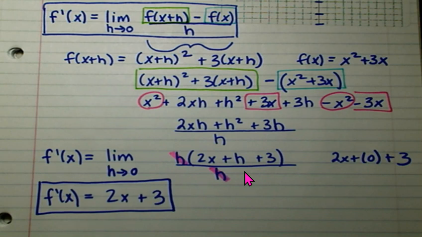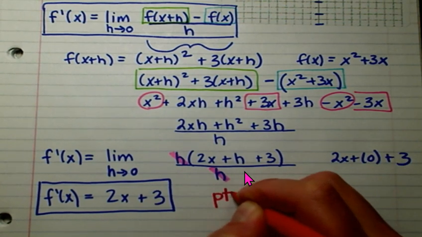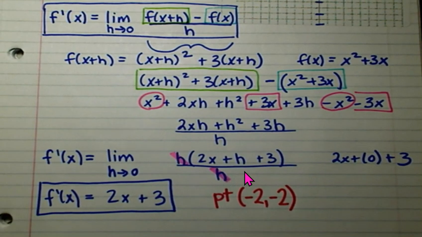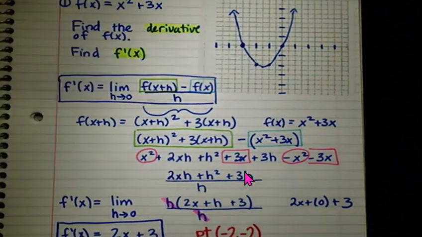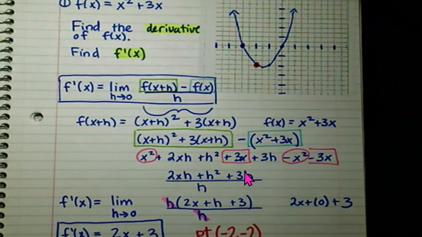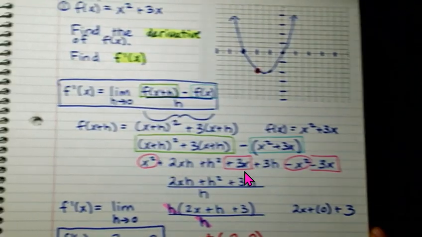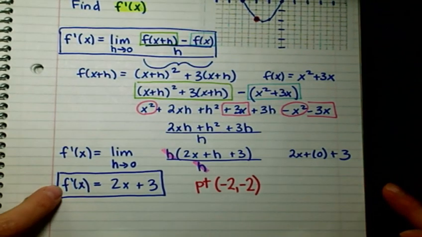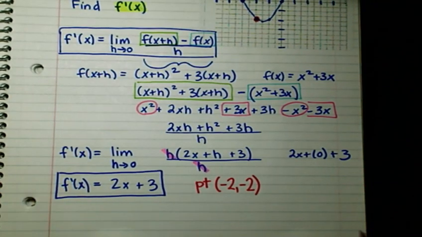Okay. You're almost there. We're going to look at the point negative 2, negative 2 on the graph, right there. That's the point we're going to look at. This equation describes the tangent slope.